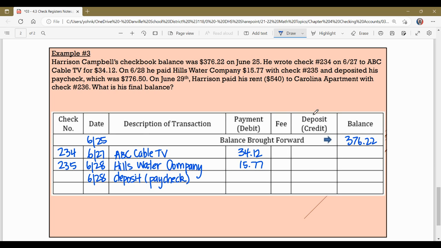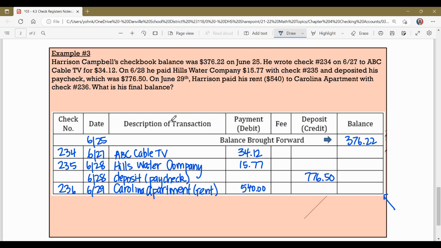And his paycheck, this goes in the deposit, was $776.50. On June 29th, Harrison paid his rent, which was $540. Notice I put the 0.00 to Carolina Apartment. This was his rent with check 236. What is his final balance?